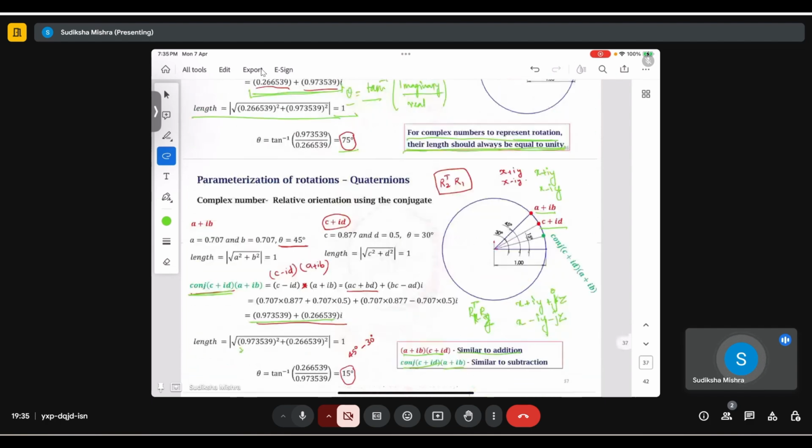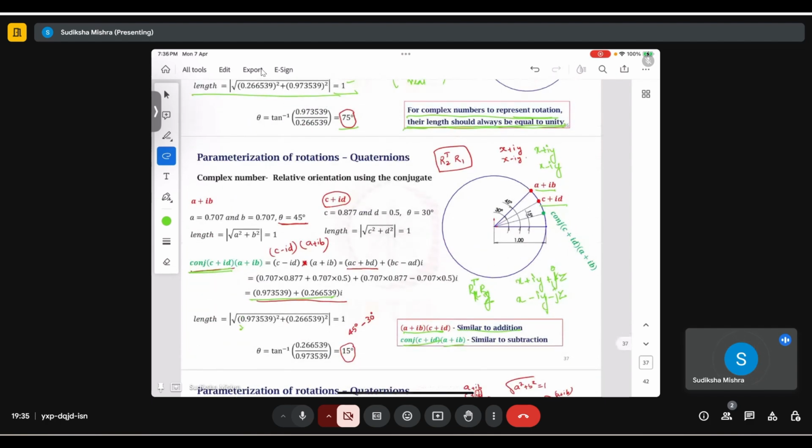If you want to know the relative orientation, you can use a conjugate instead. The conjugate of x plus iy is x minus iy. So if you remember, in the previous matrices we took the transpose of the first matrix and multiplied it with the second matrix, which let us know the net angle.